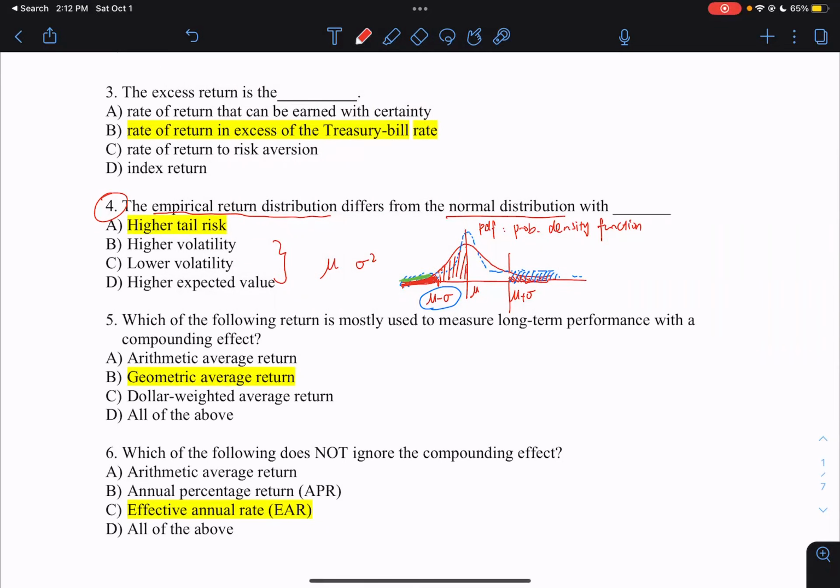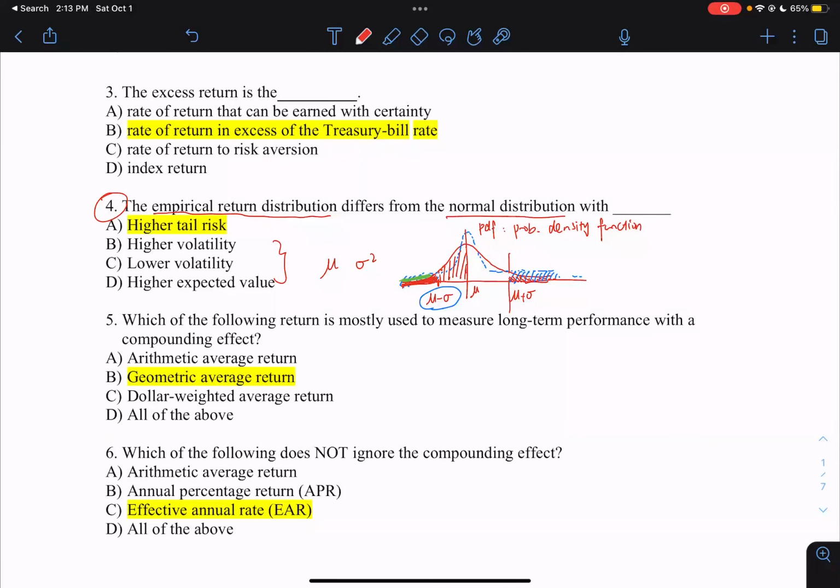So compared to the normal distribution, you have a higher probability that your return ends up at a very high or very, very low level. When we say very high and very low, it means the two extremes, from negative infinity to positive infinity. So this is basically a little bit nerdy or technical way to explain tail risk.